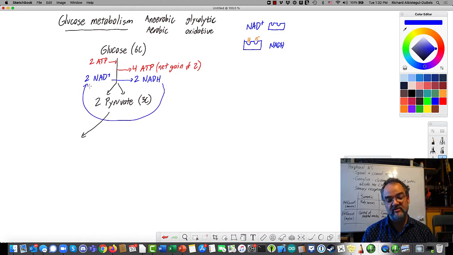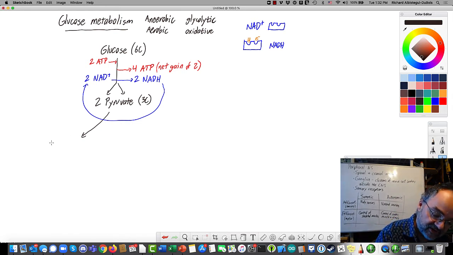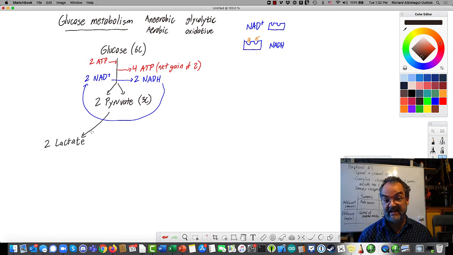That will allow us to become NAD+ again. But taking those electrons turns the pyruvate into 2 molecules of lactate, also known as lactic acid. And that lactate is kind of a dead end. A muscle cell can't do very much with lactate.